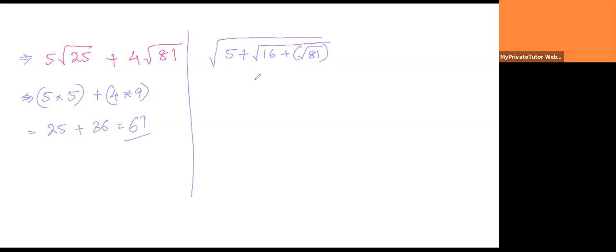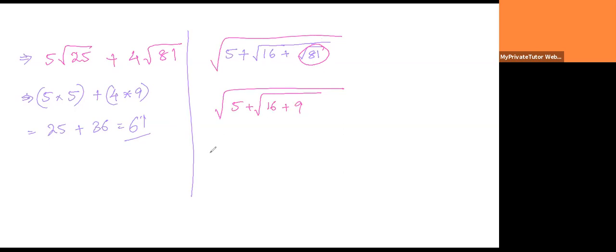So how do you solve this question? You can see more than one square root in the question. So just think of the BODMAS rule, okay? Which means you're going to simplify this square root 81 first. So how do you get the answer? 5 square root of 16 plus, what is square root of 81, which is 9, isn't it?